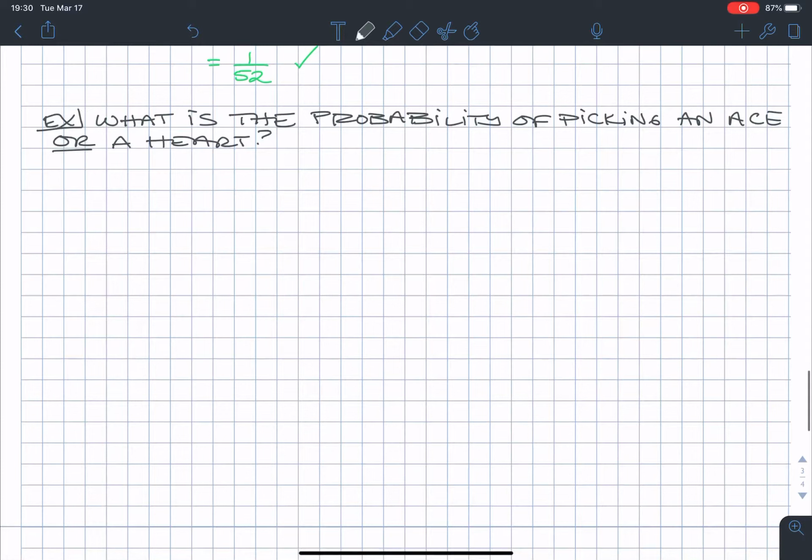So once again, let's let A be the event of picking an ace. And let's let B be the event of picking a heart.